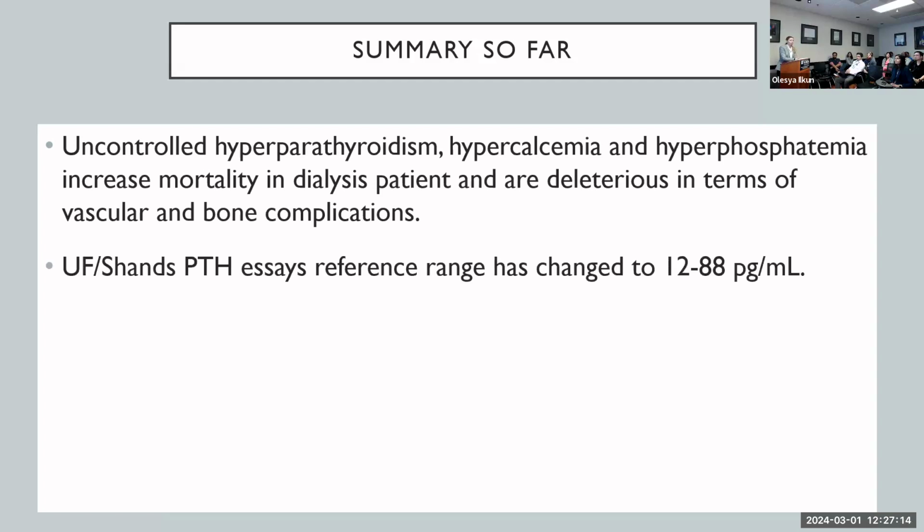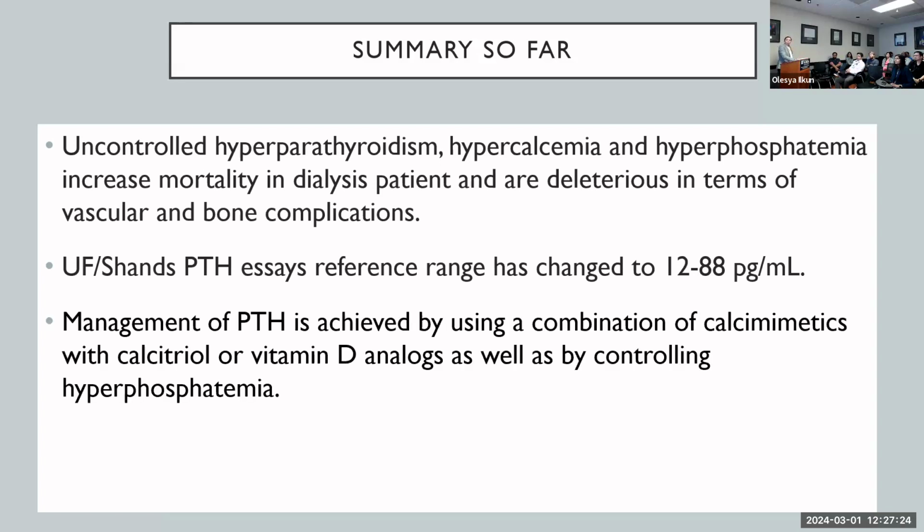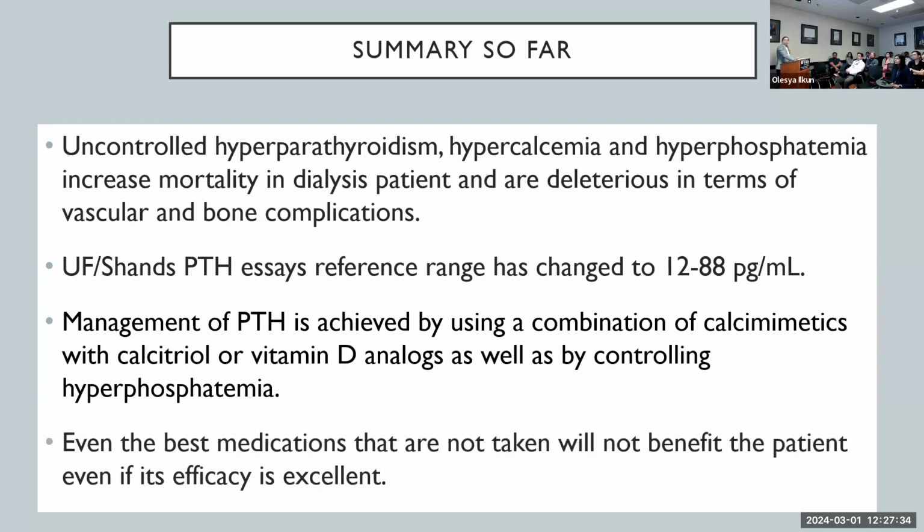Each assay for PTH has a different range, and we usually take it into account in our patient unit when we establish our goals for PTH management. The management of PTH is achieved through a combination of calcimimetics, calcitriol or vitamin D analogs, as well as control of hyperphosphatemia, and even the best medications don't work in that.